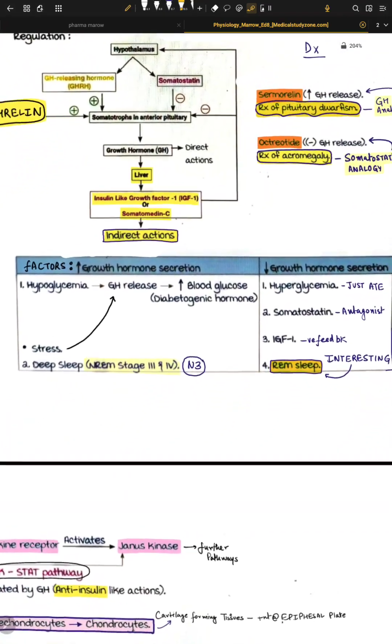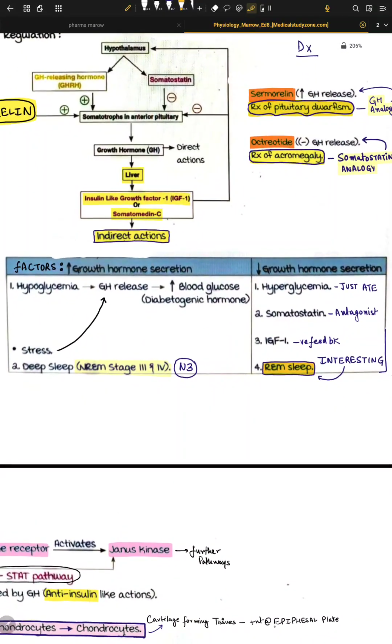Okay. What about the factors that affect GH? First is hypoglycemia. It means you have not eaten for a long time and your fasting blood sugar is very low. This leads to growth hormone release, and your blood glucose level will increase, because your body needs to maintain a good glucose level so that you don't die in a hypoglycemic coma.